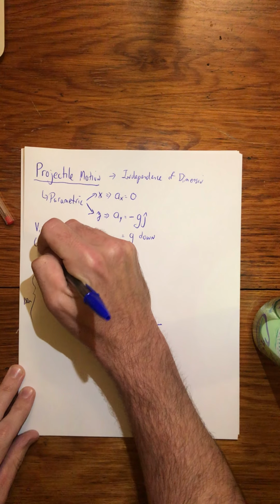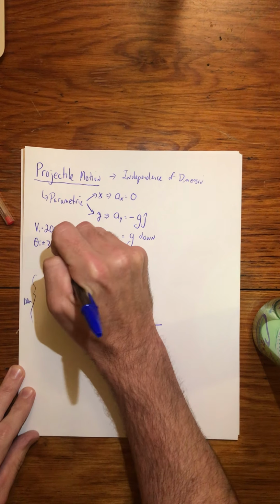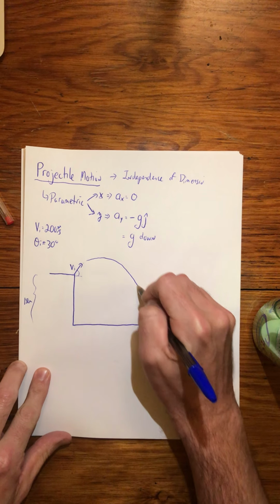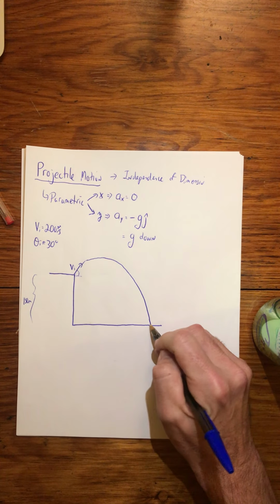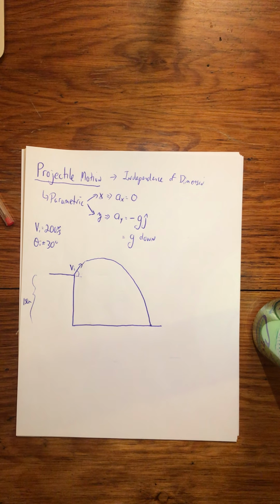Let's say that the initial angle of launch is, we'll just go a basic 30 degrees, right? So that's this. And so I'm just going to draw in the trajectory of this object. And our goal is to find when it lands here. I want to know when does it land, where does it land, as well as what is its speed when it lands. There are some other things that we could want to note that we'll talk about.